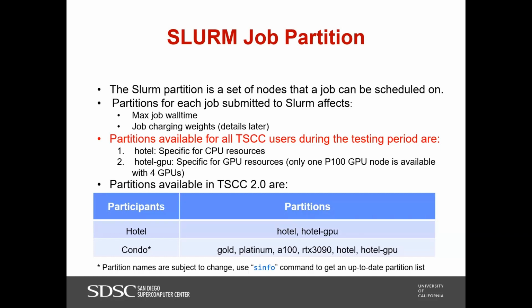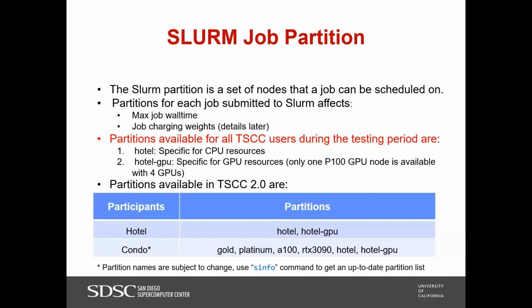The partitions available for all TSCC users during the testing period are hotel, which is for the CPU resources, and hotel GPU, which is specific for the GPU resources. But only one GPU node is available at the moment, with 4 GPU cards.